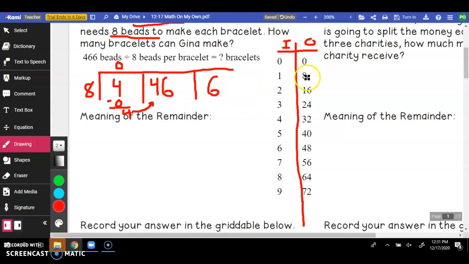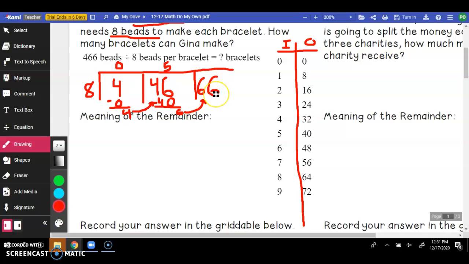Okay, so with 46, that's greater than 40, but less than 48. So the most I can make is 5 groups. So with 5 groups, I will use up 40 tens of beads, which means I will have 6 left over. Those 6 tens become 60 ones.